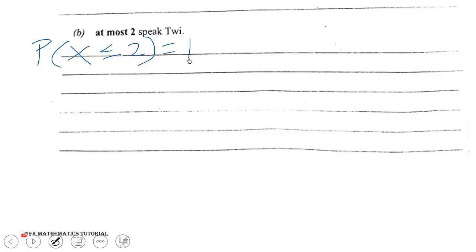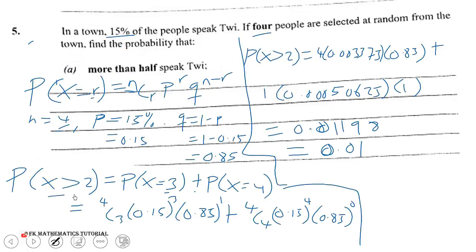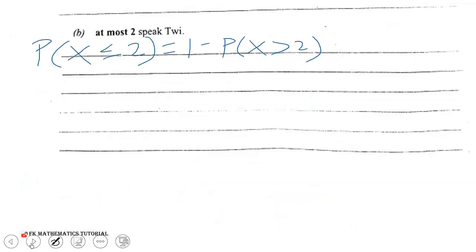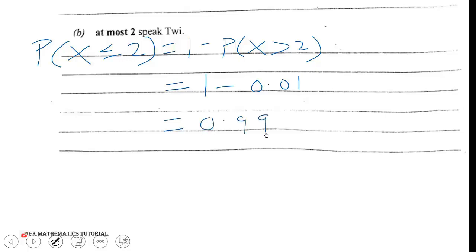So this will be equal to 1 minus probability of x is greater than 2, which we found earlier to be equal to 0.01. So this will be equal to 1 minus 0.01. And when we evaluate this, we get 0.99.